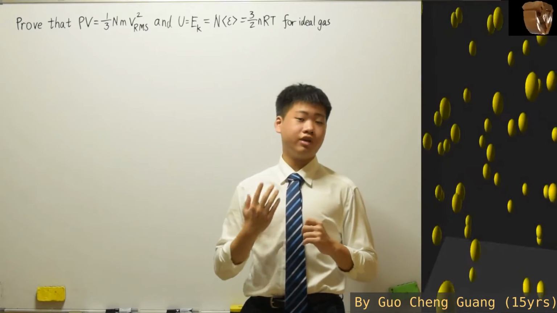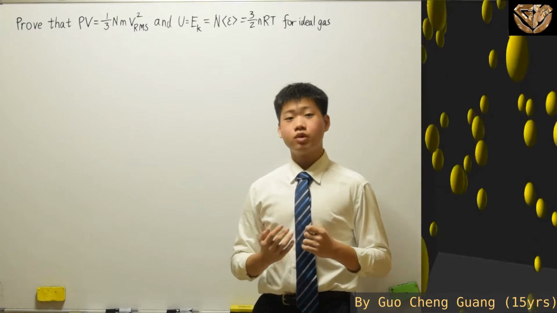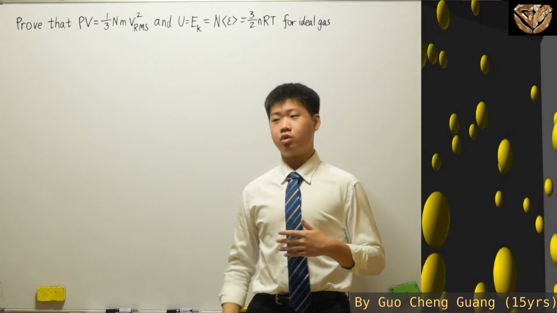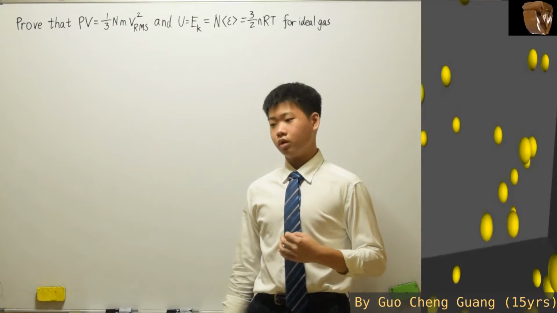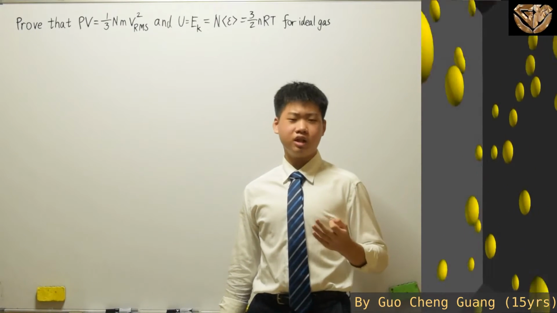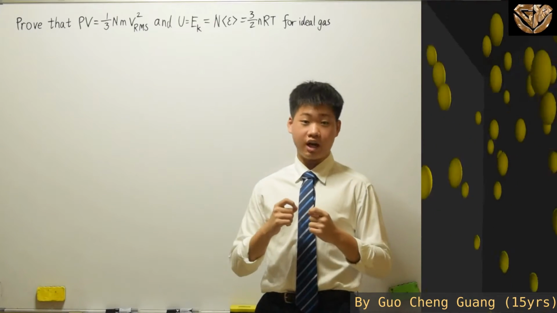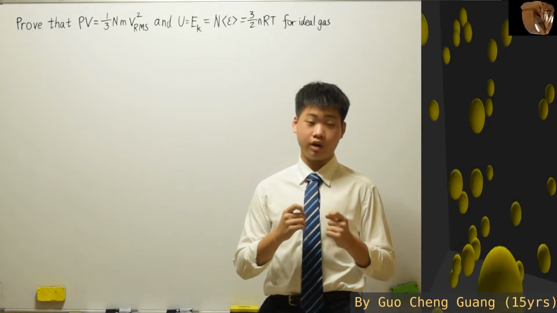What kind of interactions am I talking about? If you have learned about intermolecular forces, for example van der Waals, hydrogen bonding, London dispersion force, you would not have those interactions between them, alright?